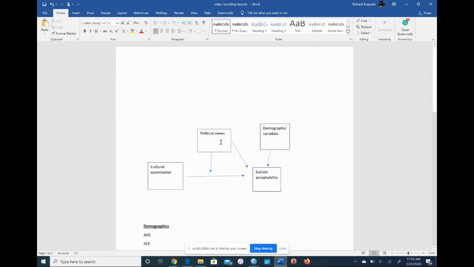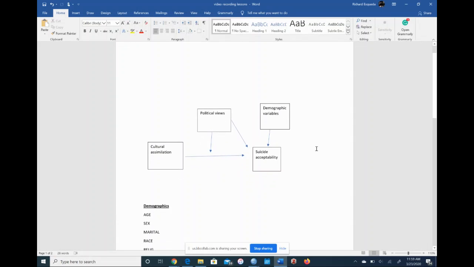Political views has a direct impact on suicide acceptability, but it also functions as a moderating variable for the relationship between cultural assimilation and suicide acceptability. And then lastly, we have demographic variables directly impacting suicide acceptability.